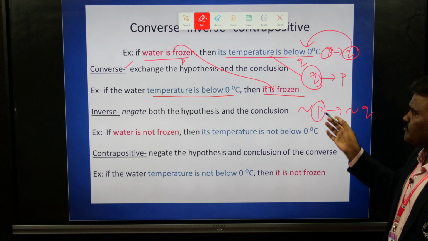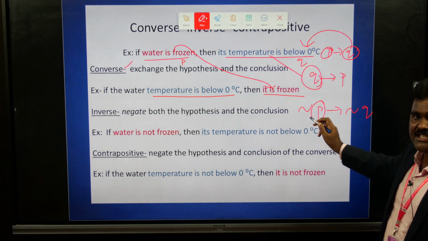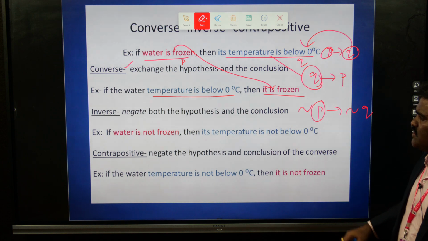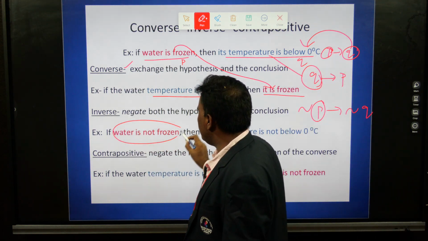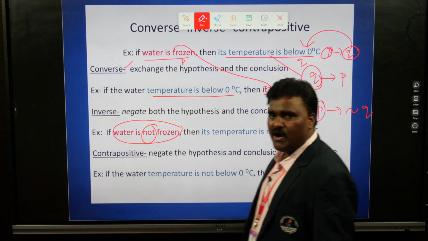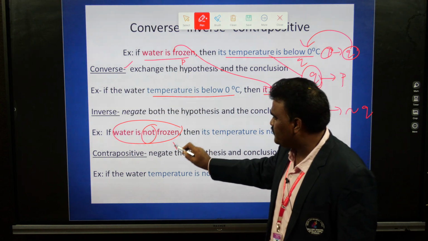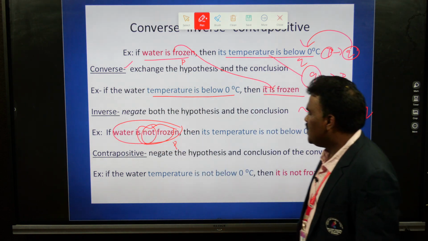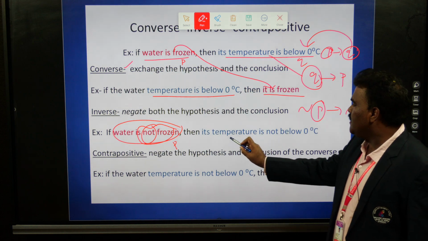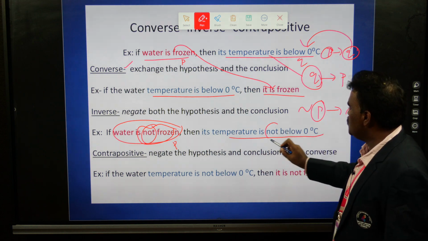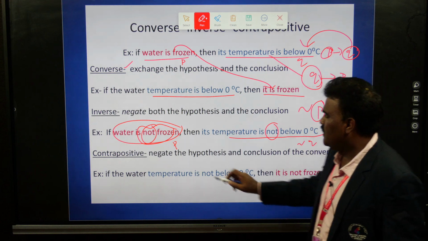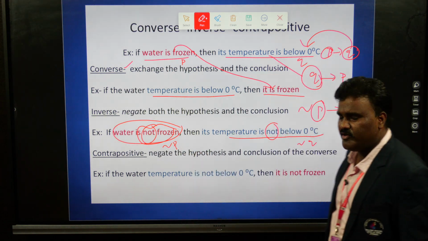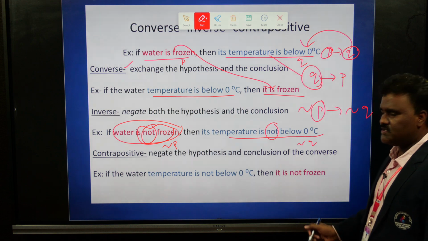If water is not frozen, because here we have to use the negation in the inverse statement, that is not frozen. If water is not frozen, then temperature is not below 0 degrees. This is called negation of Q. Negation of P, negation of Q. In that way we have to represent the inverse statement.